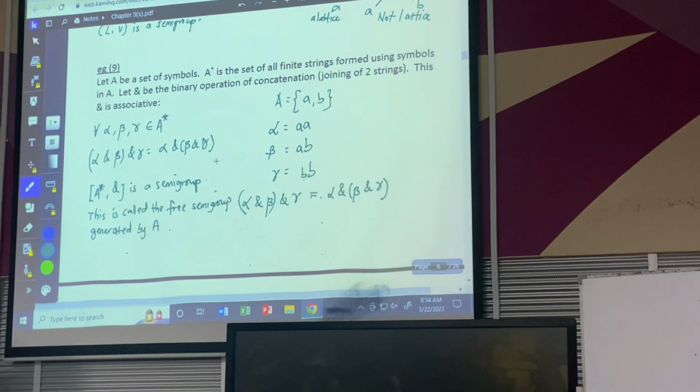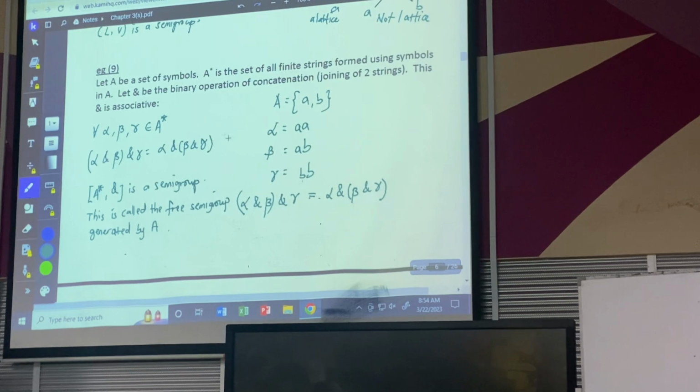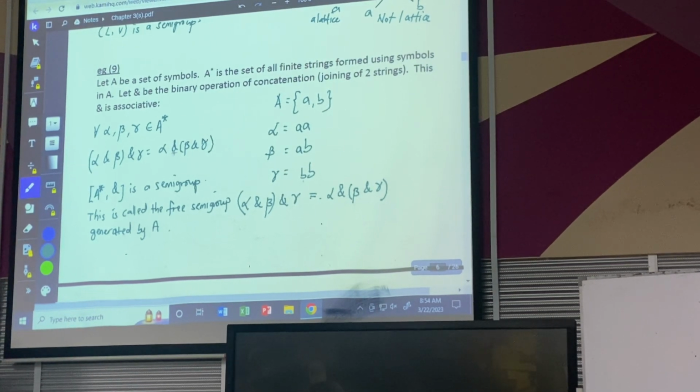Okay? When we say the joining of the two strings, we will use this and symbol to join the two strings. And the word that we use for the joining of the string is a concatenation. When we say concatenation, you need to know it is the joining of the two strings. Okay?